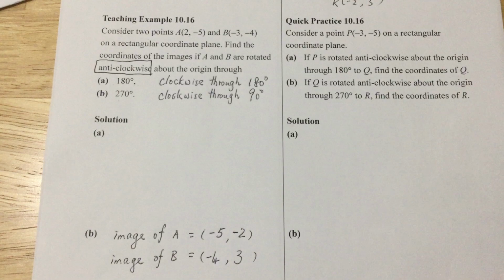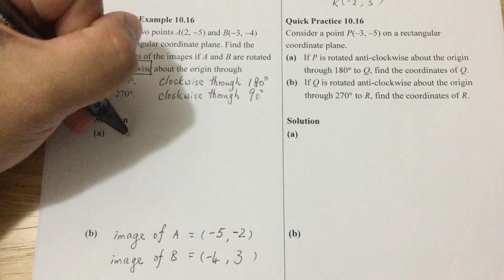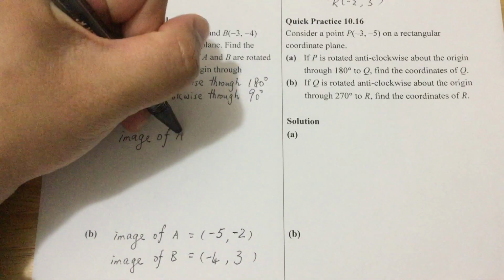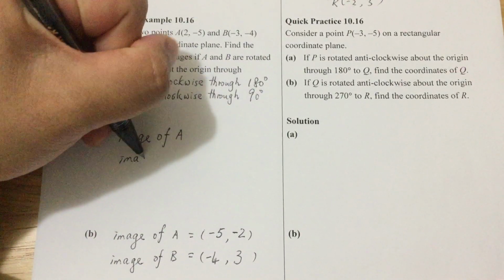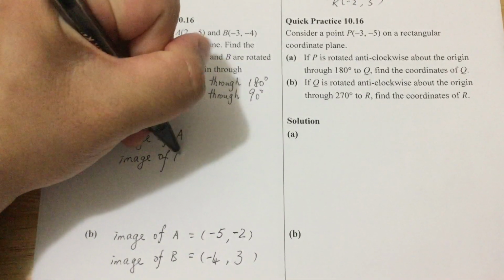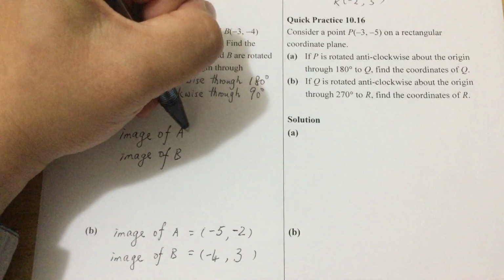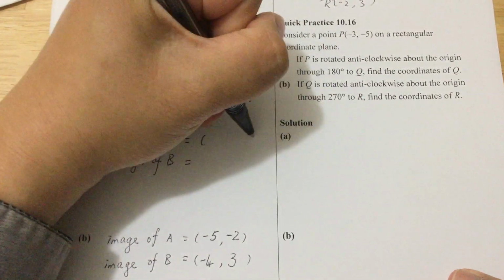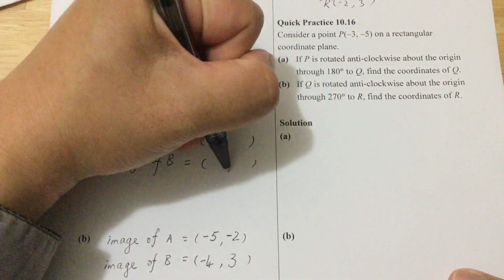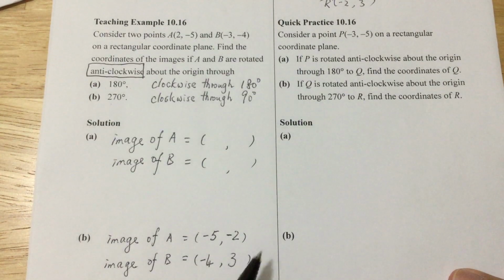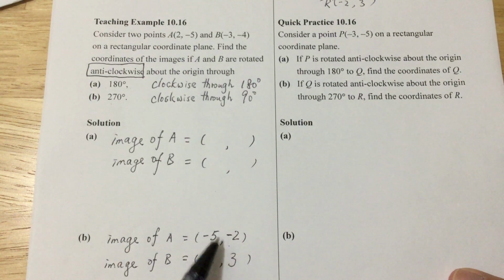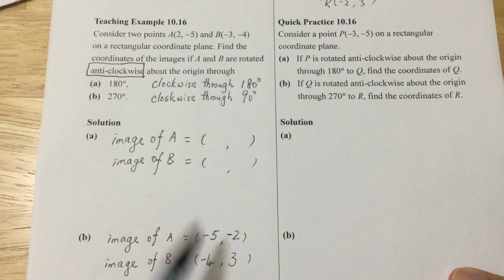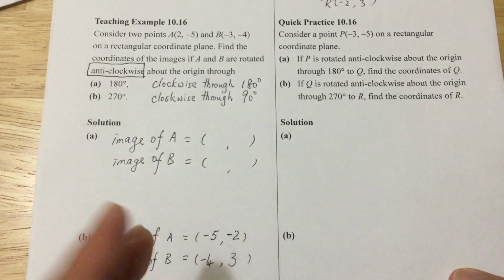And then after part B, we will go to part A. Part A is that you are going to write down the image of A and image of B once again. This time we will change the 90 degrees from part B. Because this is already changed 90 degrees, we add one more 90 degrees so we get the answer. -2 and -5, we interchange these two numbers.